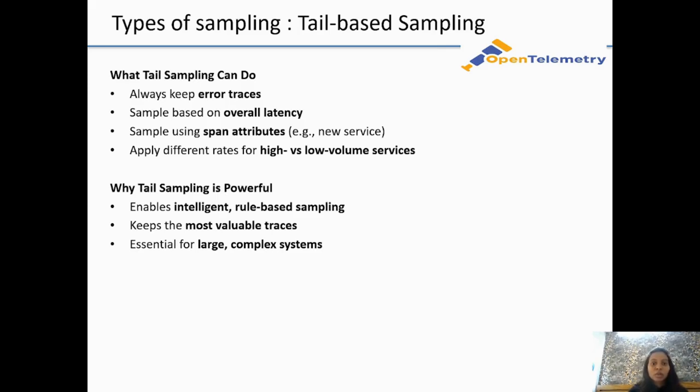This means the system can look at the errors, the latency, span attributes, and service importance. Let's check what tail sampling can do. Always keep error traces, sample based on overall latency, sample using span attributes like a new service, and apply different sampling rates for high and low volume services.